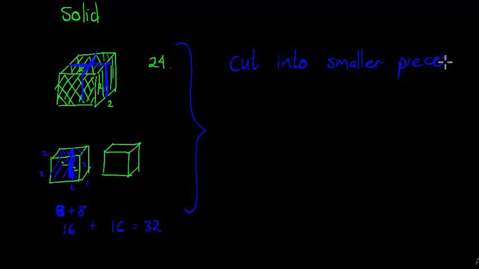The ultimate cutting into smaller pieces would be to grind it into a powder. If I grind something into a powder, that's probably the most surface area I can expose, because I'm literally taking the smallest part of that solid that I can possibly make when I grind it into a powder.